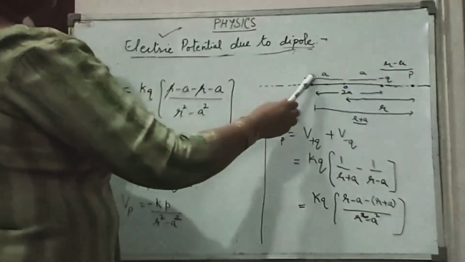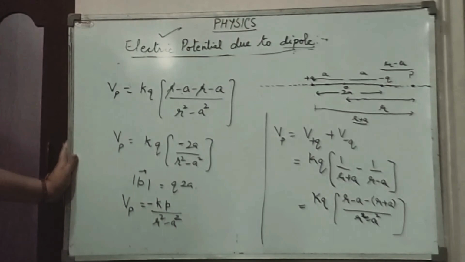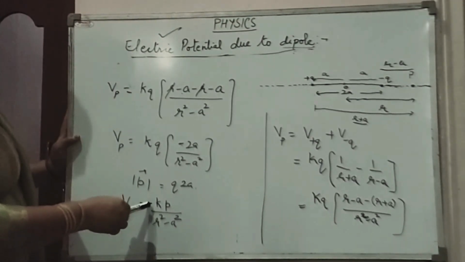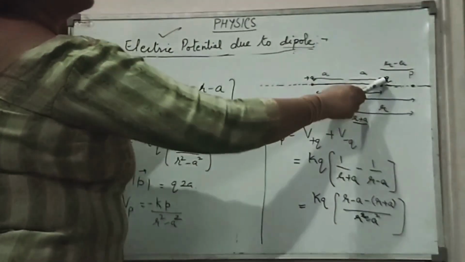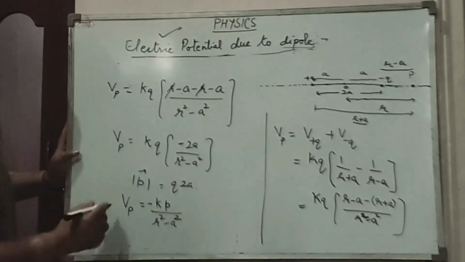If I take the negative charge here and the positive charge there, this negative sign will not come. Your point P is close to the negative charge, the distance of the negative charge from point P is lesser as compared to the positive charge. So that's why the negative sign is in the result.